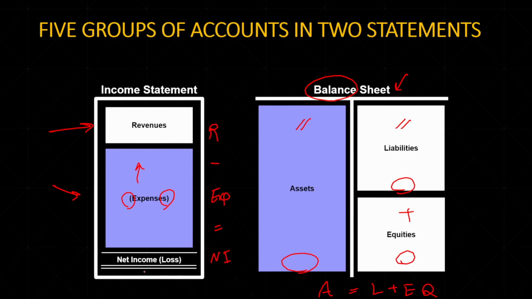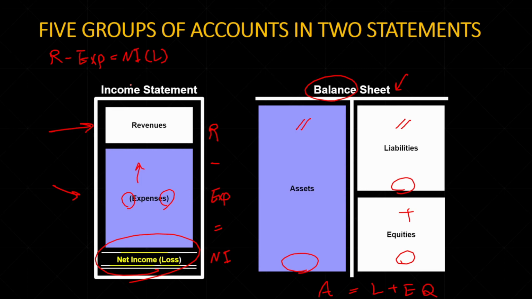So we learned something new here. Net income or loss is basically the result of deducting expenses from revenue. The formula is revenue minus expenses equals net income or loss.